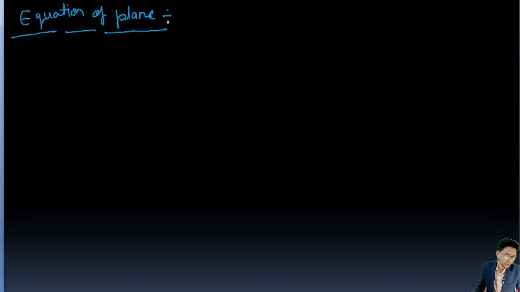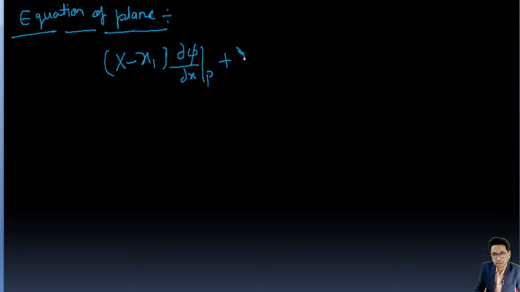Okay, so there is a formula for the equation of a plane which I'm going to write. Note this down: x minus x1 times del phi over del x at any point P, plus y minus y1 times del phi over del y at any point P, and then z minus z1.